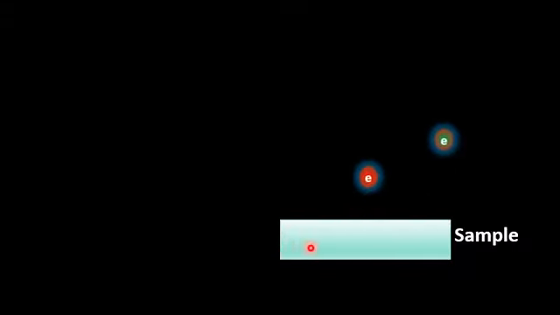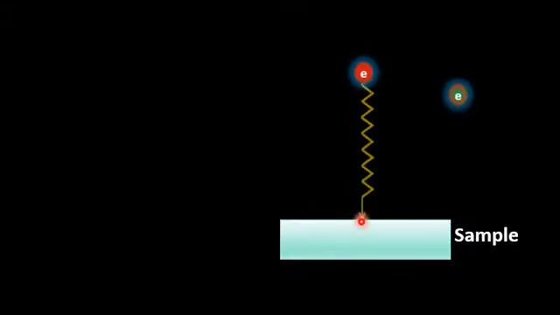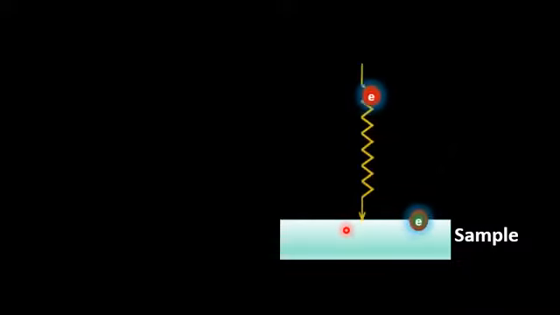You can get information about the surface of the material, like morphology and topography, and even information about the elements as well as the composition present on the surface of the matter, the sample, or the specimen.